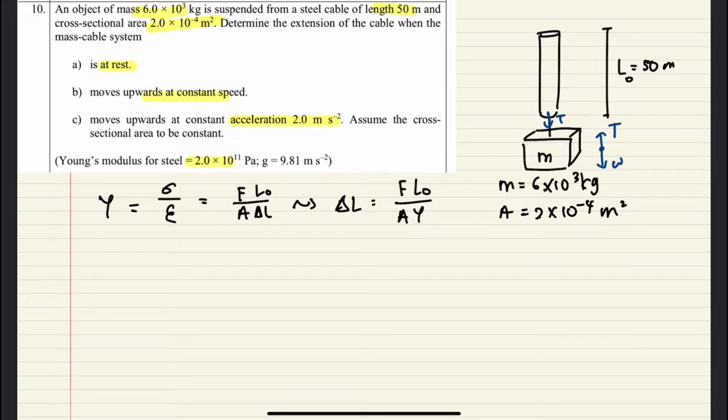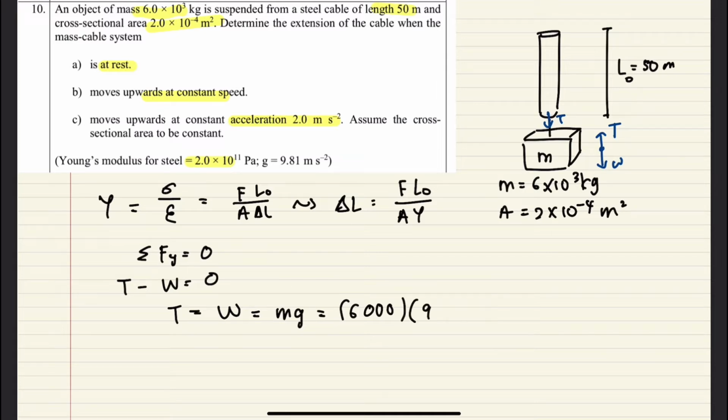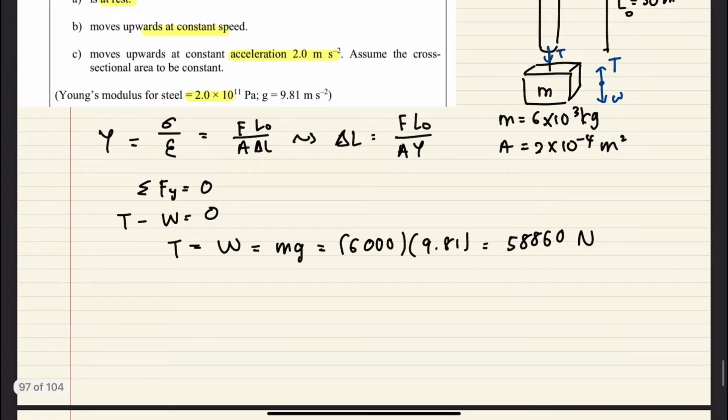So if I do the summation of Fy equals 0, then tension minus weight equals 0. So tension is simply weight. This tension is the F over here. Weight is equal to mg, mass is 6,000 times 9.81, which is 58860, and this would be in Newton.